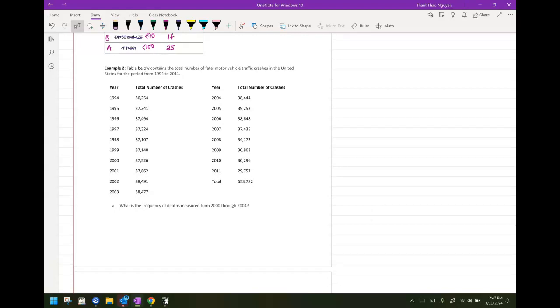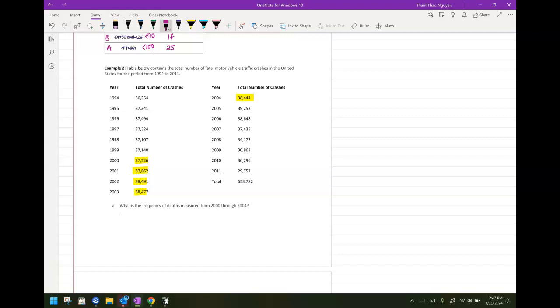What is the frequency of deaths measured from 2000 to 2004? From 2000 to 2004, these are the total number of crashes.